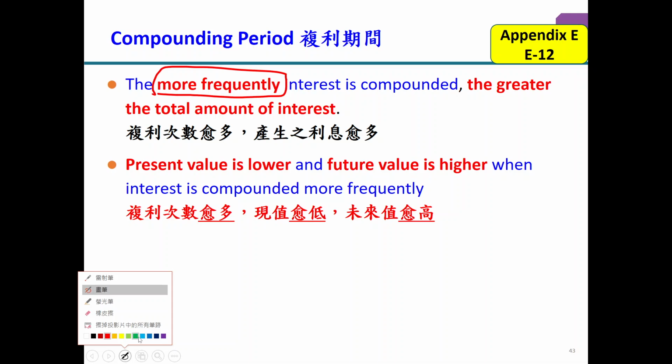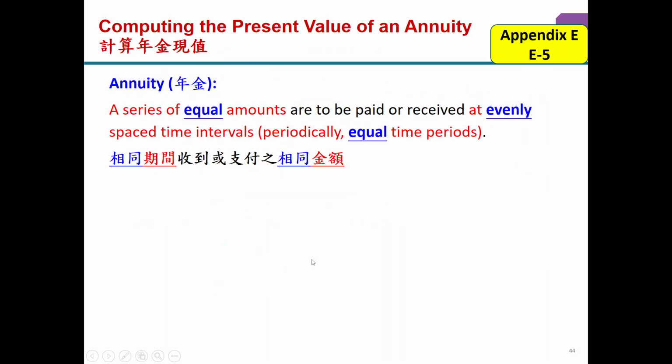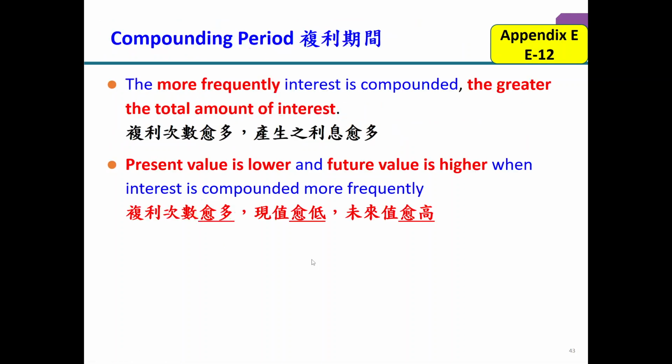More frequently means N. Your N is higher, okay? You will get more interest. 复利次数越多 means what? You get more interest. Okay? Compounding N is more. You will get more interest.